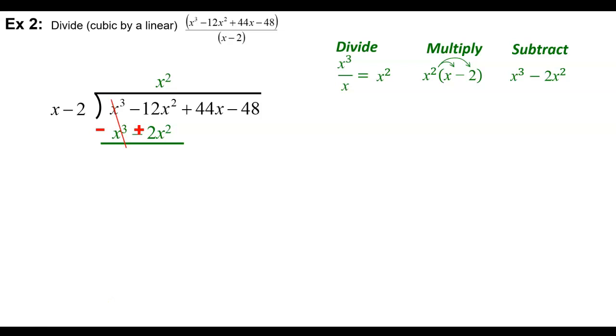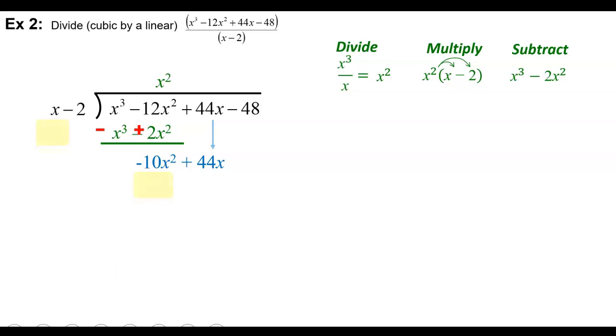What's negative 12x squared plus 2x squared? Negative 12 plus 2 is negative 10x squared. Write that underneath. And then bring down the next term, plus 44x. We just did one cycle, and then you just repeat those steps. Back to the first step. And we have to divide. First term divided by the first term.